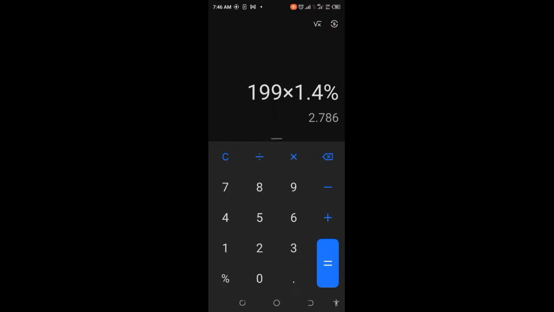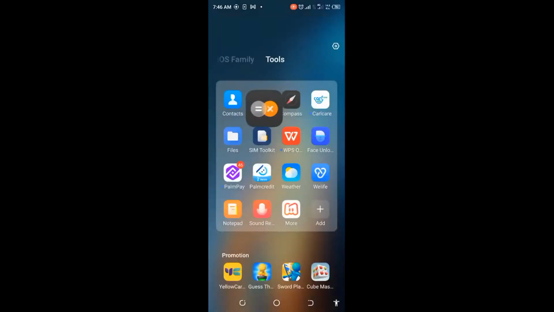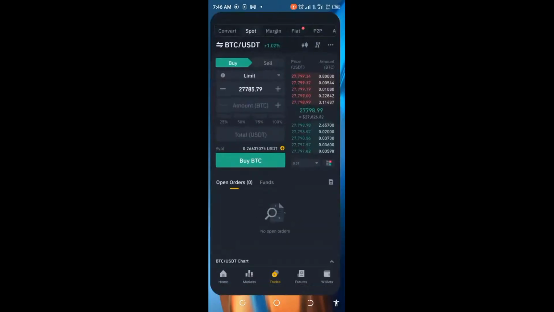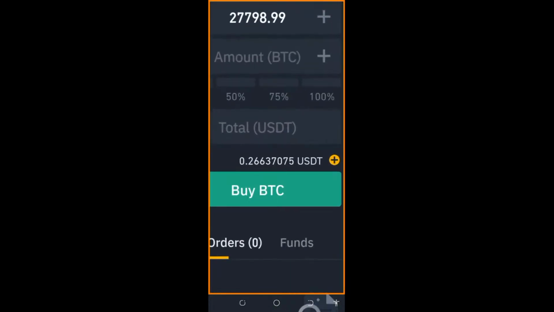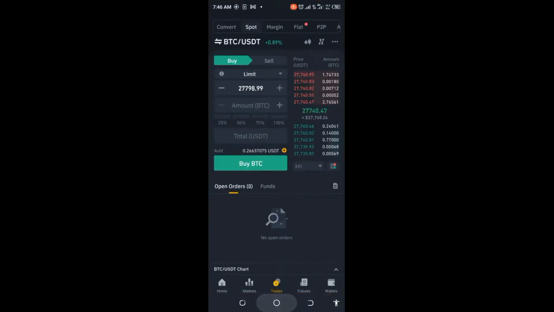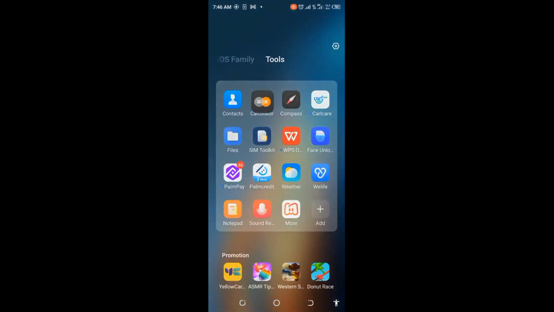So let's now go back to the global amount. The global amount really is what we've made plus what is in Binance. So what do we have left in Binance? We have 0.2663. Let's add that to our 23.9658.